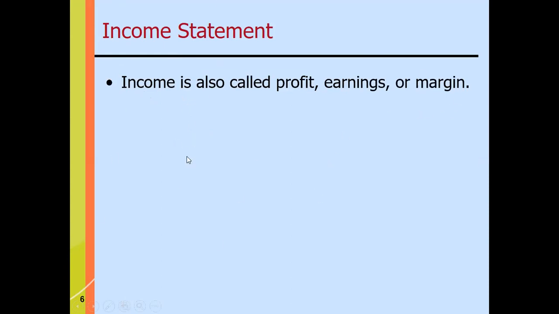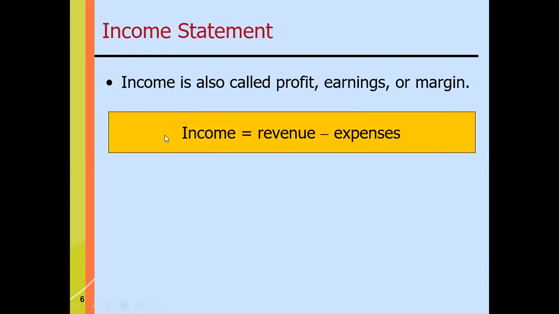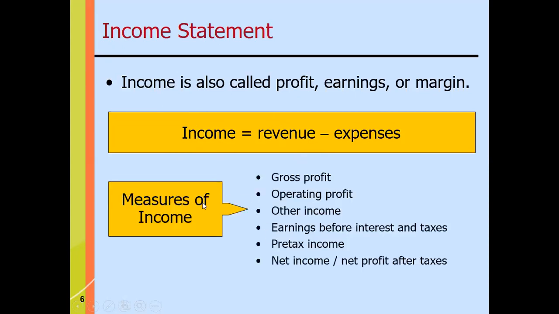Then income, probably the income being discussed here, means the profit or loss, meaning the net amount, revenue minus expenses. Then measures of income could be gross profit, which is the difference between sales and cost of sales, and operating profit or operating income, that is normally the income prior to taxes. So prior to deduction of taxes.